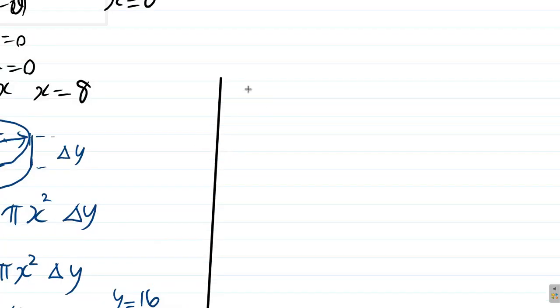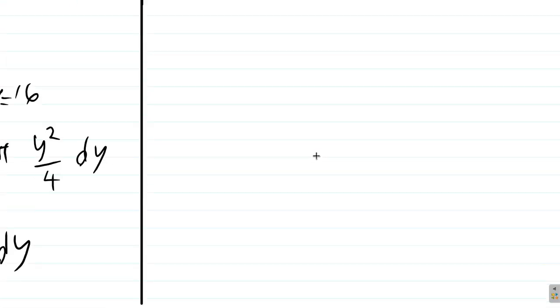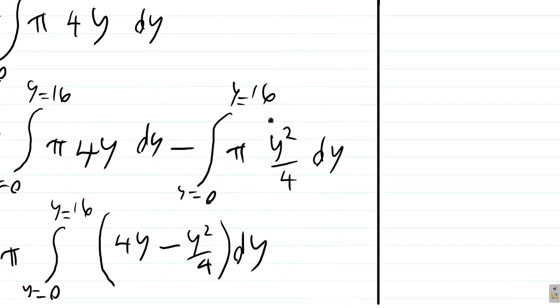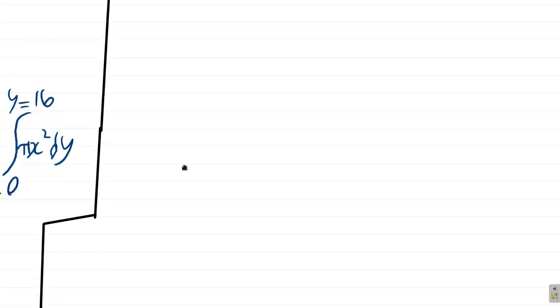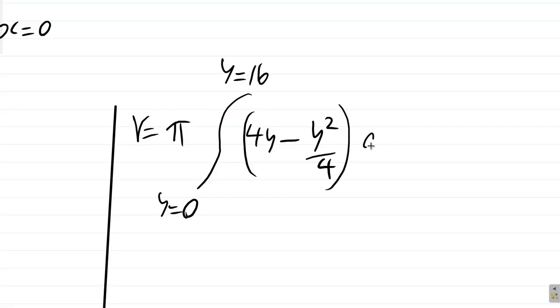So, our volume is pi, integral from y equals 0 to y equals 16 of, in bracket we have 4y minus y squared over 4 dy.